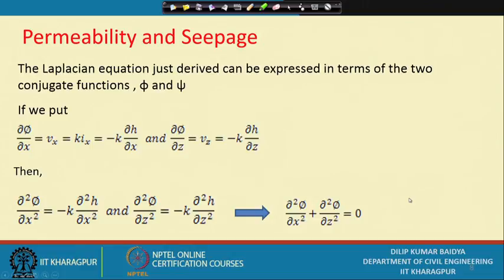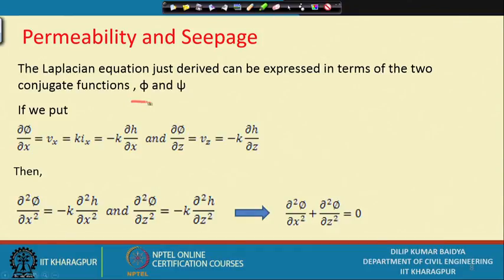That was the Laplace equation we have got, and that typical Laplace equation can be expressed in terms of two conjugate functions, phi and psi.